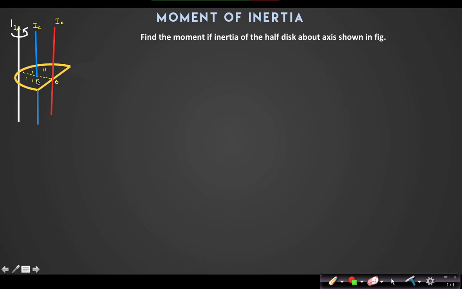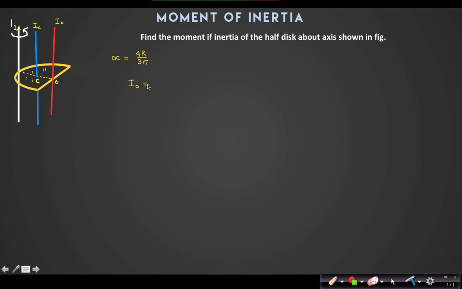Look, can I say this is the center of mass? Can you locate the center of mass here? What is the distance OC? Do you remember? 4r by 3 pi. Yes. Then can I write this equation?